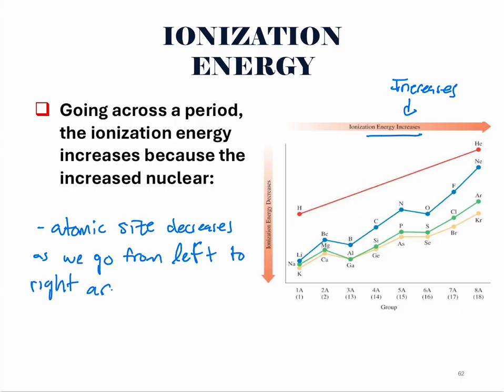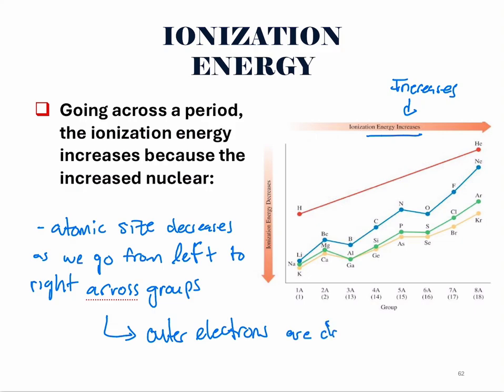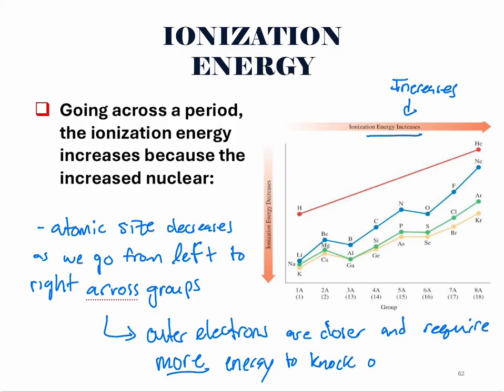Across groups. And that means that the outer electrons are closer and require more energy to knock off, right?